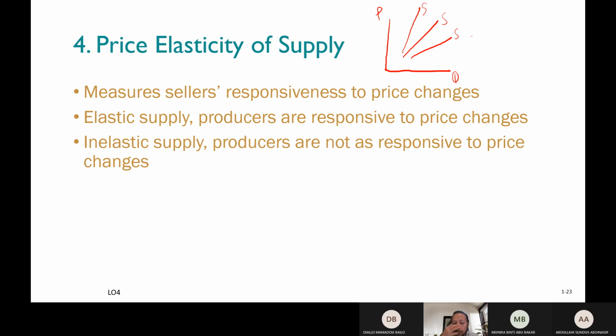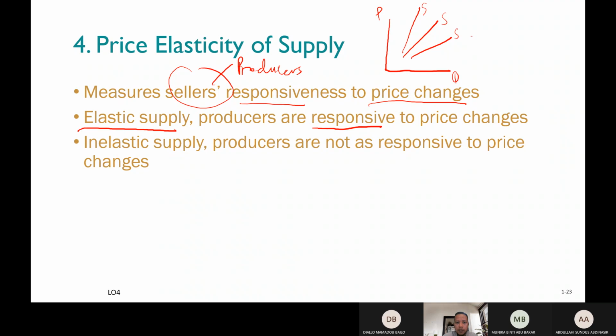The price elasticity of supply basically looks at sellers' responsiveness to price changes. Just now demand looked at customers' responsiveness to price changes. In this case, it is sellers' responsiveness. In the situation of elastic supply, sellers or producers are very responsive to price changes.